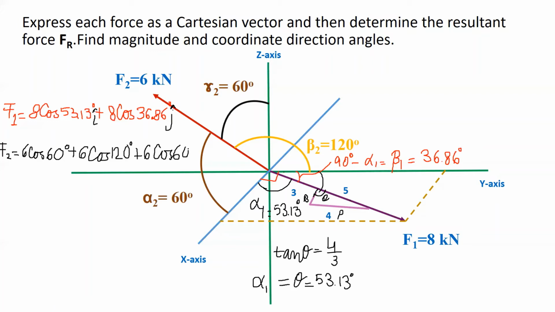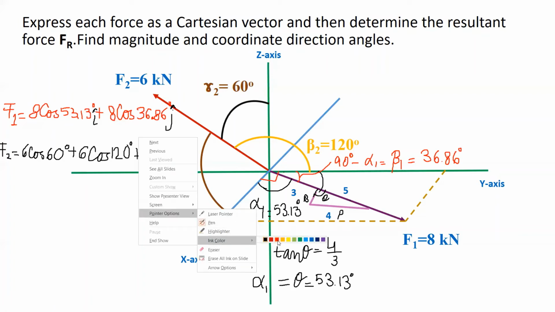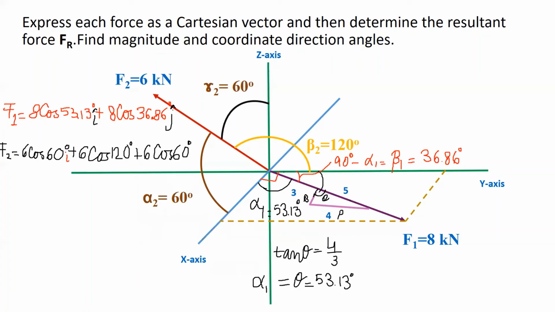And one thing I have left over, with another pointer color, the red one, this is i cap. So in this way, you will be able to convert your F1 and F2 forces into IJK Cartesian vector form.